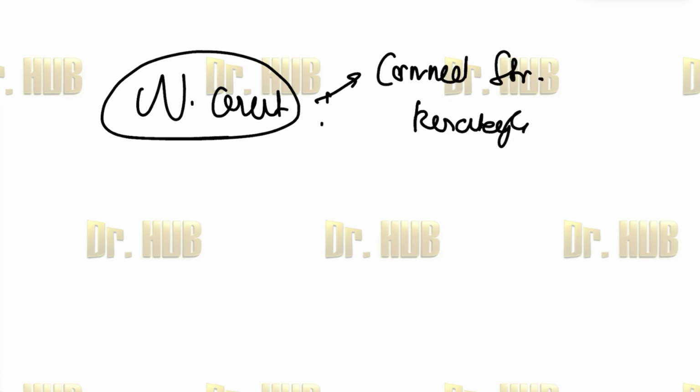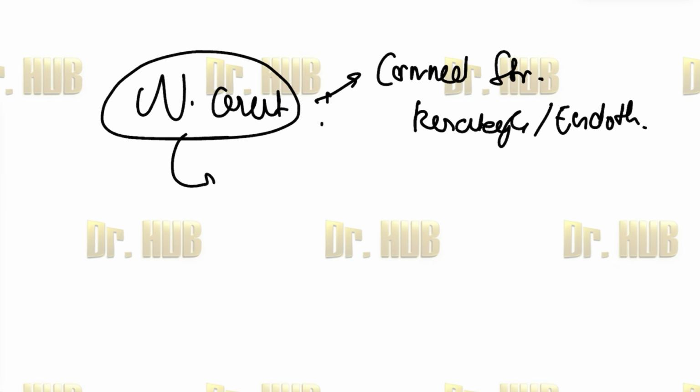Lastly, we move on to the neural crest. So what is it about the neural crest? The neural crest contains the corneal stroma, the keratocytes, as well as the endothelium.